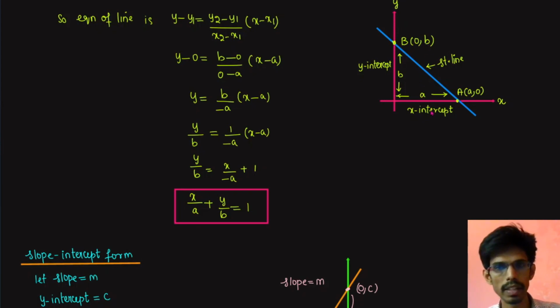So the x-intercept is nothing but the distance of the line from the origin to the point of intersection with the x-axis. Similarly, the y-intercept means the distance between the point of intersection of this line with the y-axis and the origin.